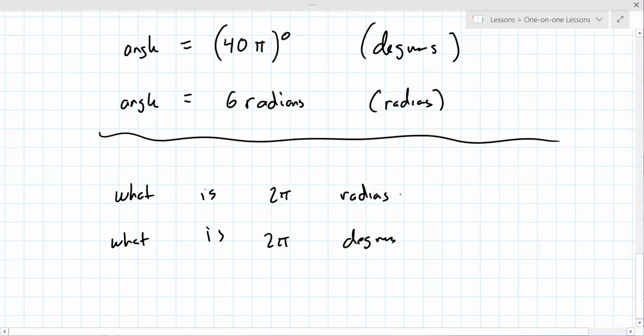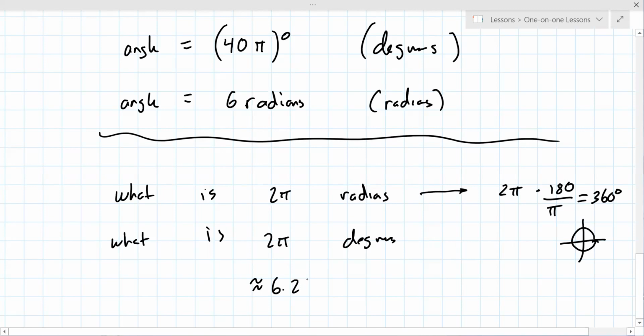And 2 pi radians, if you convert this to degrees, do you remember how to do that? No, not really. It's just times 180 over pi, right? Okay. So this is 360 degrees, and that's a full circle. Yay, full circle. 2 pi degrees, well, it's already in degrees. So 2 times pi is approximately 6.29 degrees.